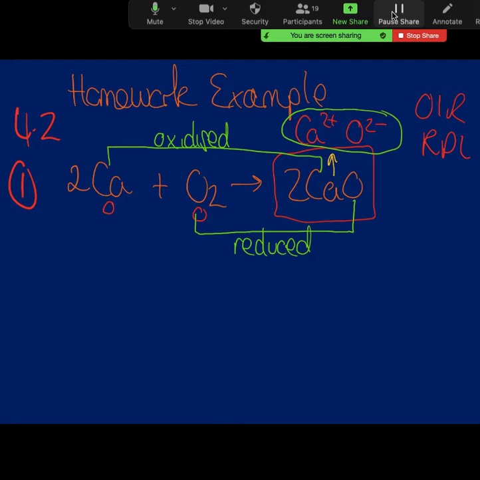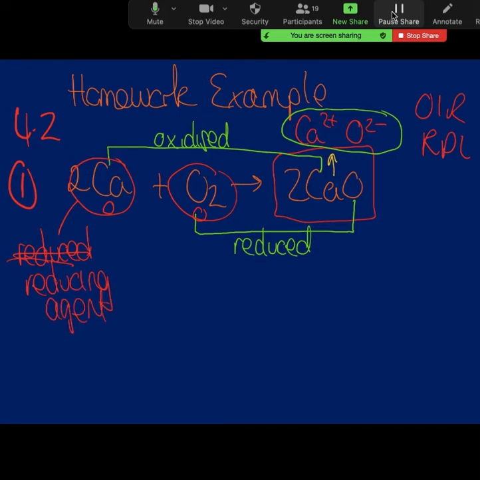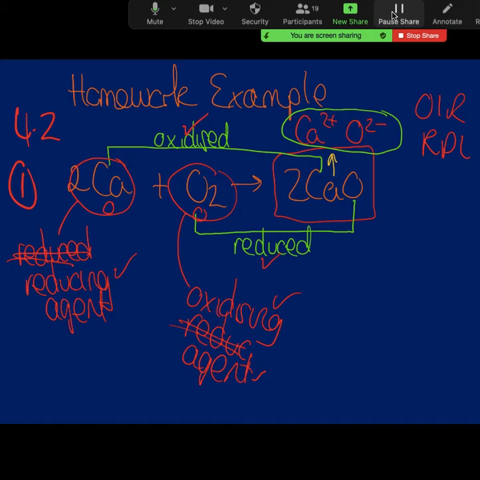So the thing that is oxidized is the reducing agent, so all you need to do on your script is circle that part and say reducing agent, and you circle this part here and say oxidizing agent, because it is the thing that is reduced. And the SEC is happy for you to do this. The two green lines and these two down here would be your marking points for your examiner.